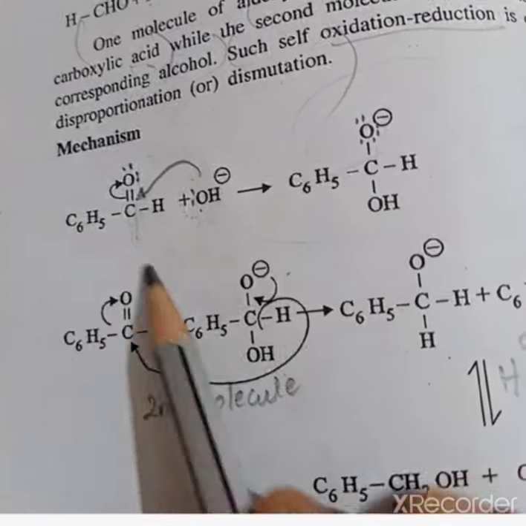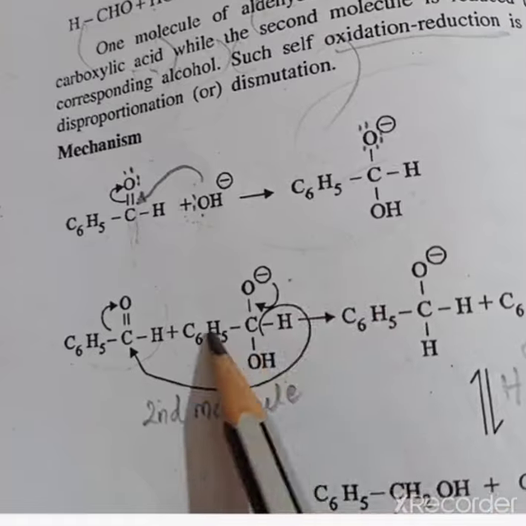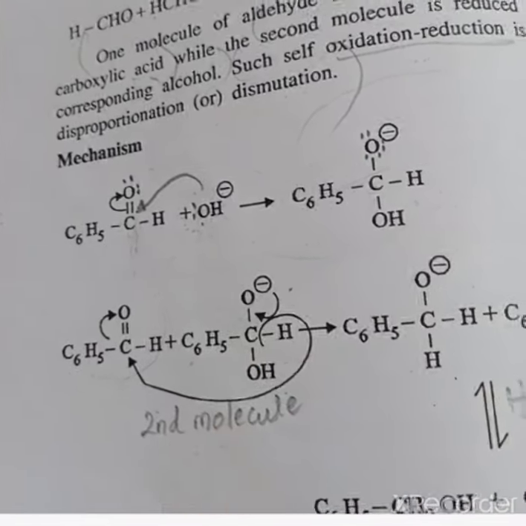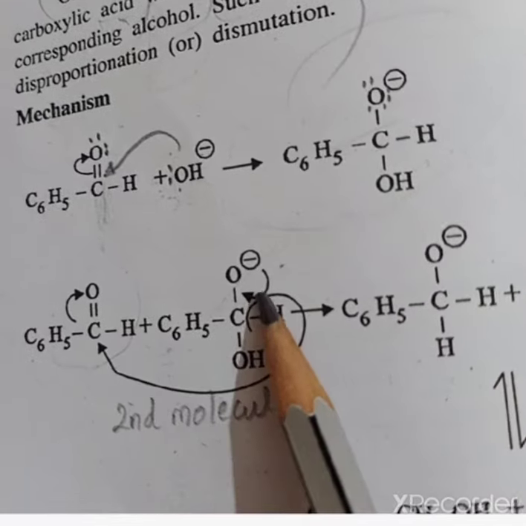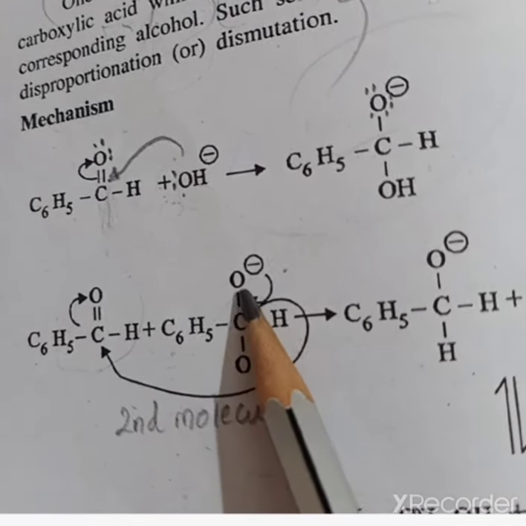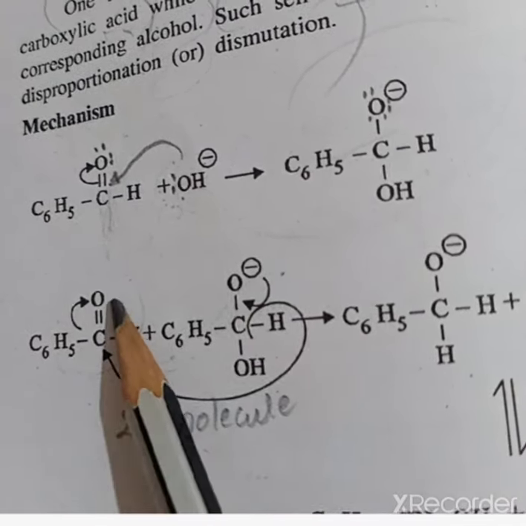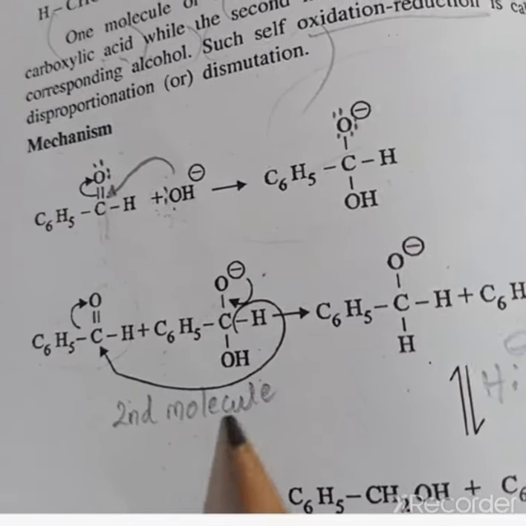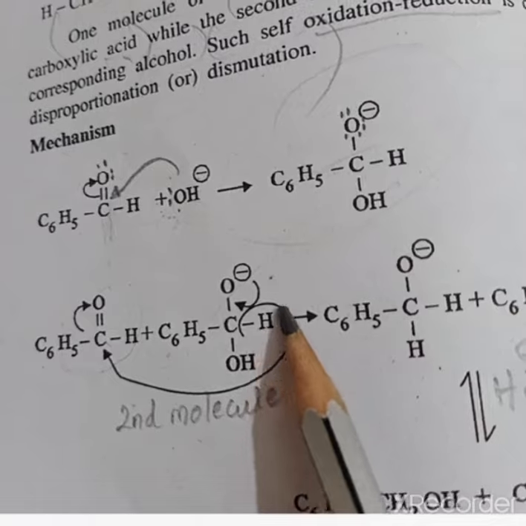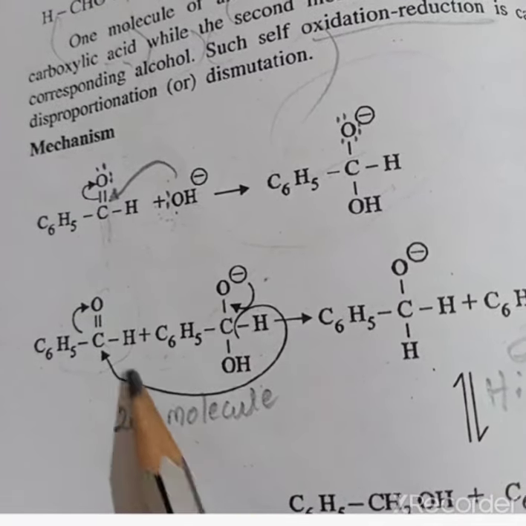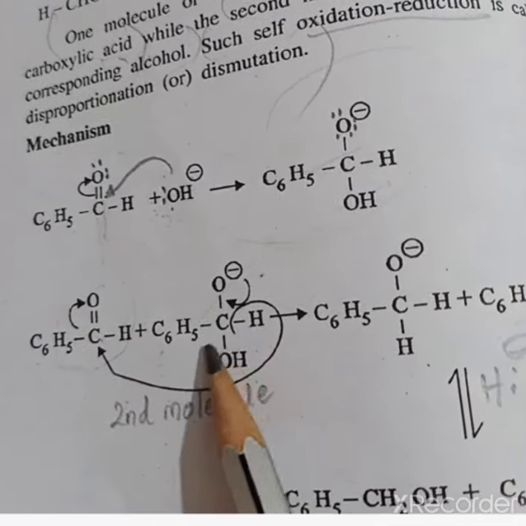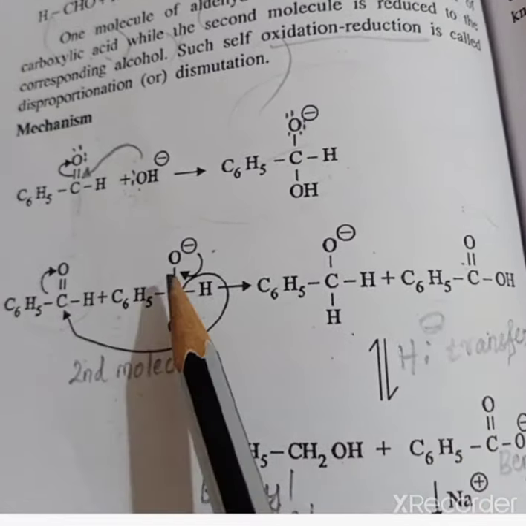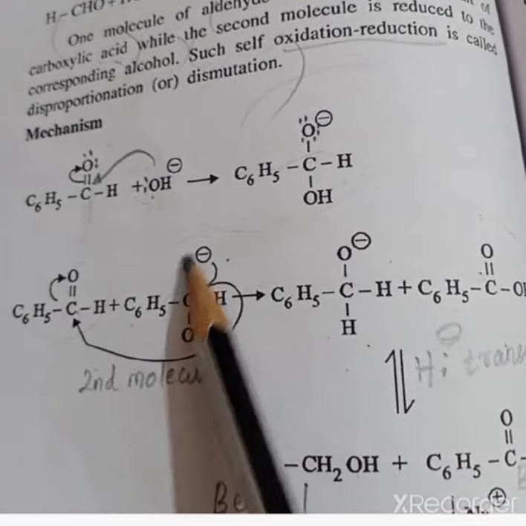Second step, by adding benzaldehyde again, the intermediate carbanion will react with this benzaldehyde. Here the O minus will be formed, and the double bond will break into a single bond. So this H will be directly attacked in this reaction, and it will form C6H5 C double bond OH.